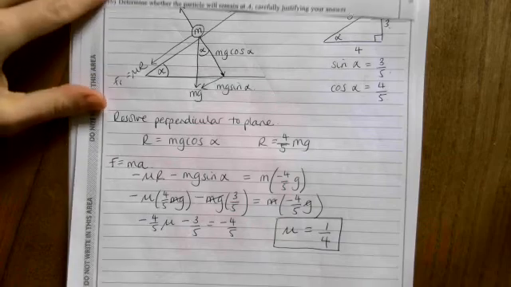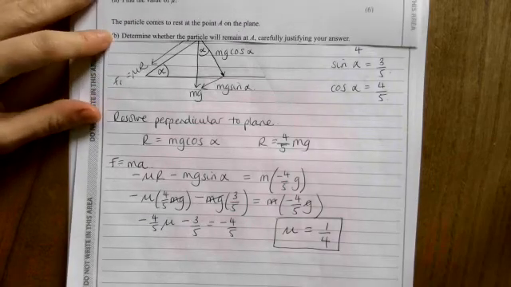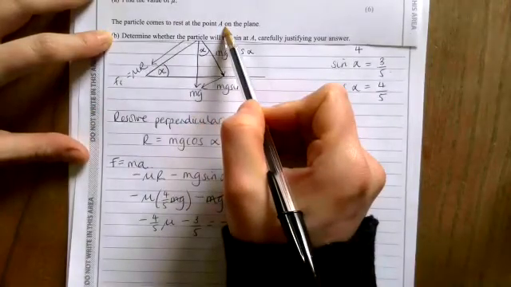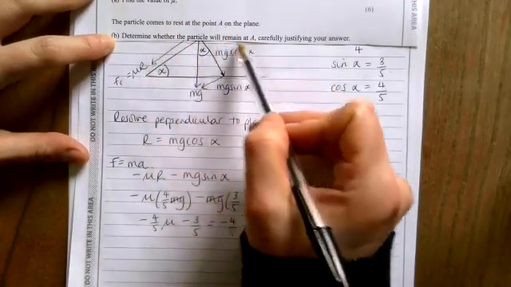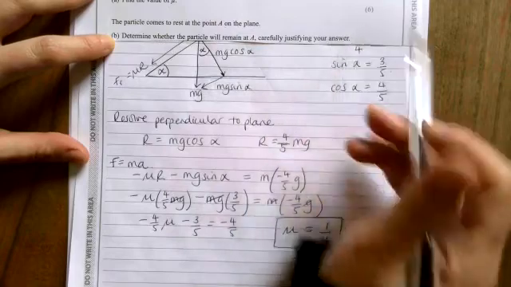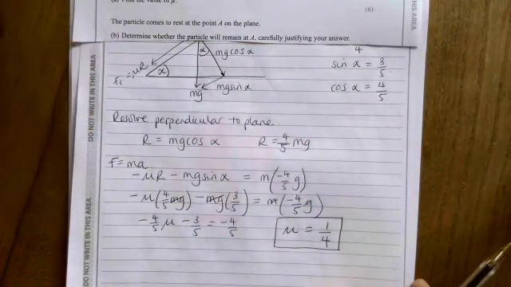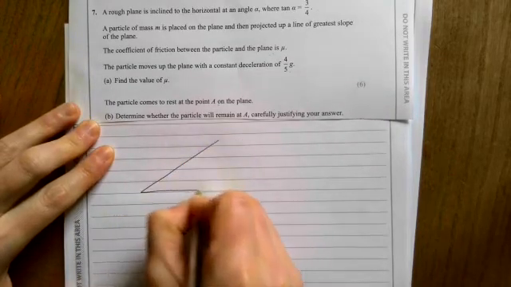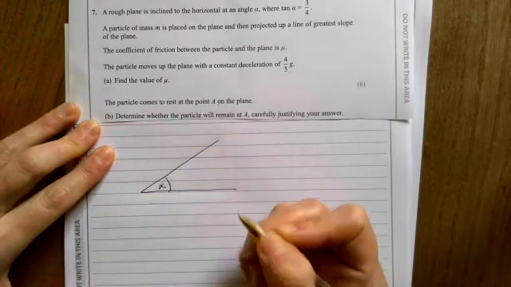Now, part B says the particle comes to rest at the point A on the plane. Determine whether the particle will remain at A, carefully justifying your answer. I think at this point it's helpful to draw another diagram. We've still got our rough inclined plane at angle alpha.